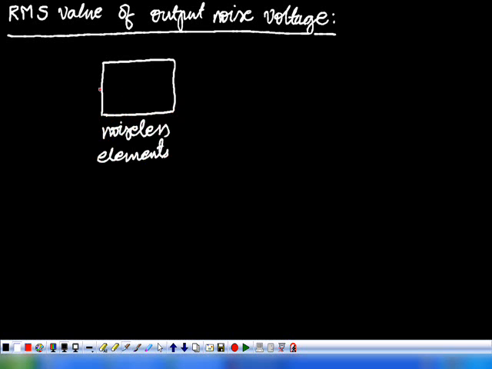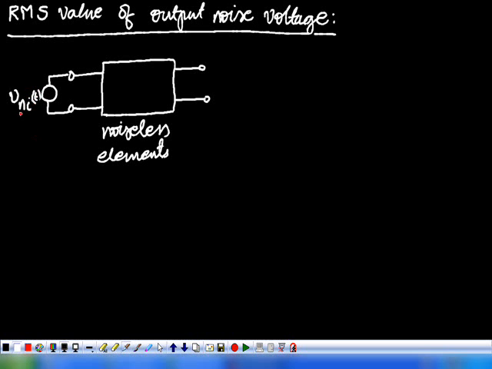So this particular network has no sources of noise, or we are letting this has noiseless elements, and we are exciting this network by a noise voltage. So this noise voltage can be written as Vni of t.